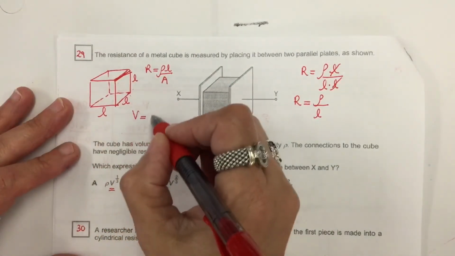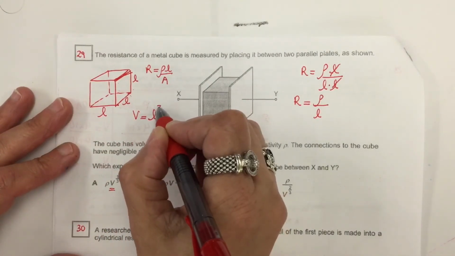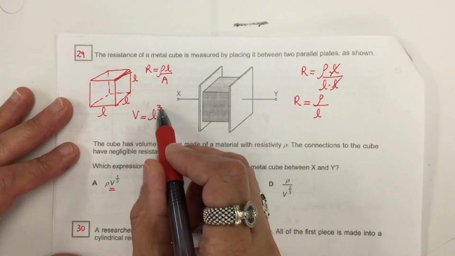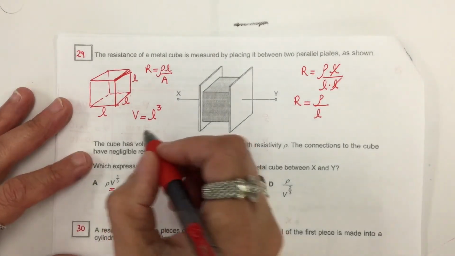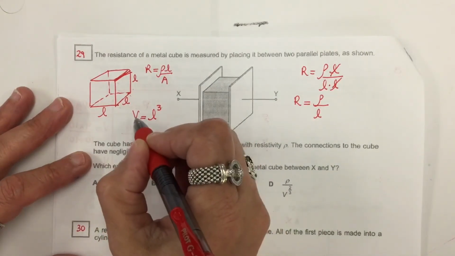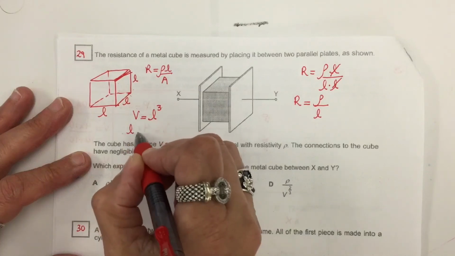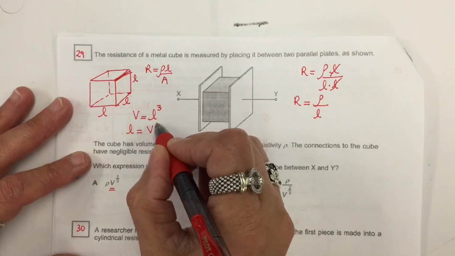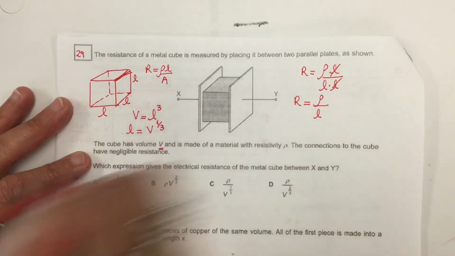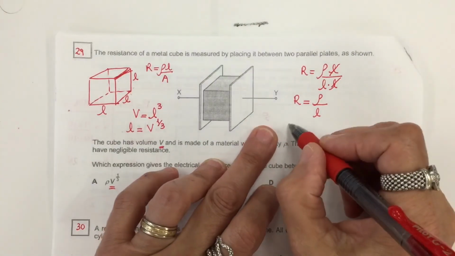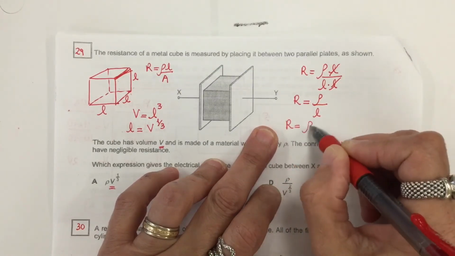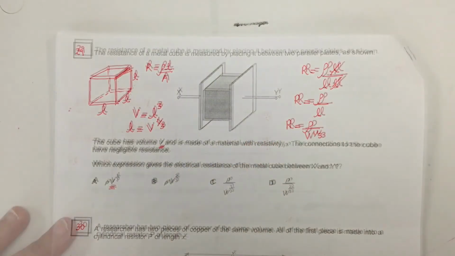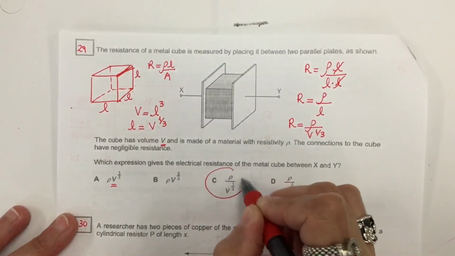The volume of this cube will be the side cubed, which means that my L can be rewritten as V to the power 1 over 3. Great, so now let's rewrite all this. It is ρ over V to the 1/3. And this is the final answer.